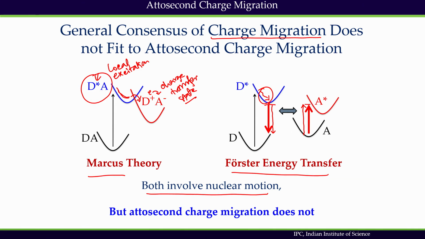On the other hand, attosecond charge migration does not depend on nuclear motion. It is well separated from nuclear motion. This is much faster than nuclear motion.